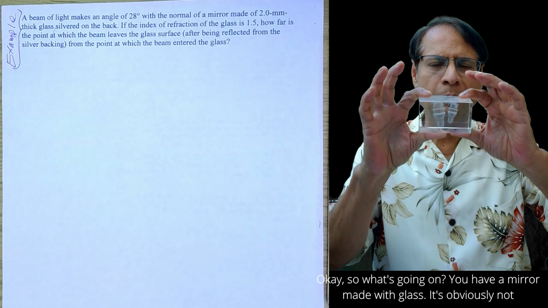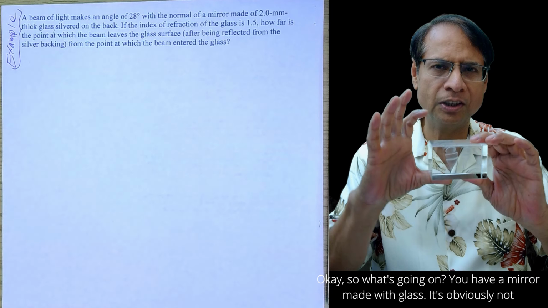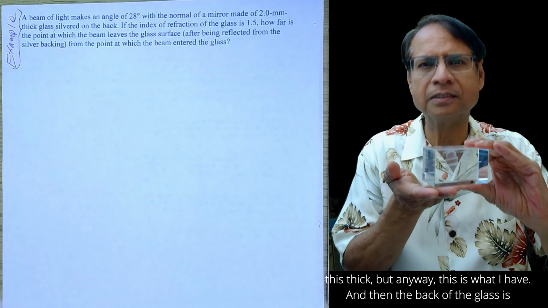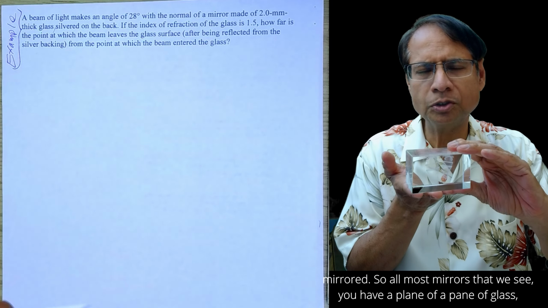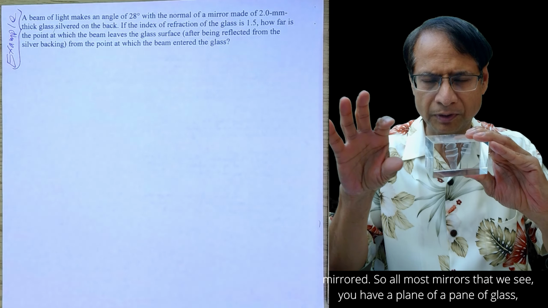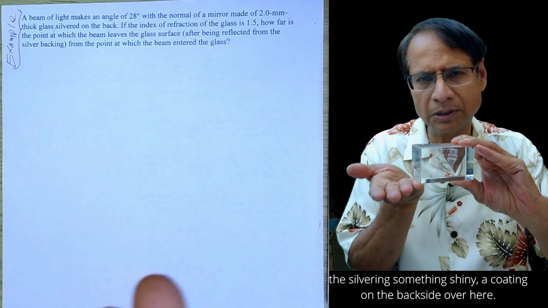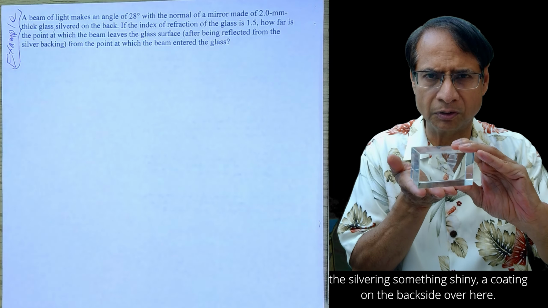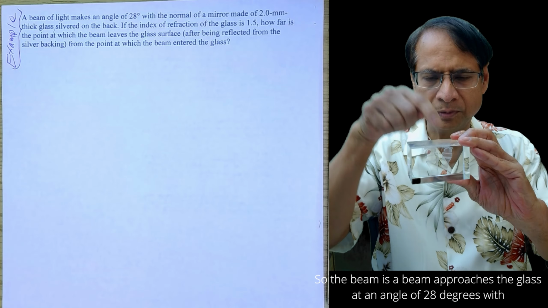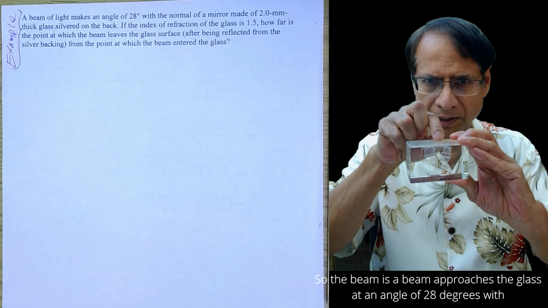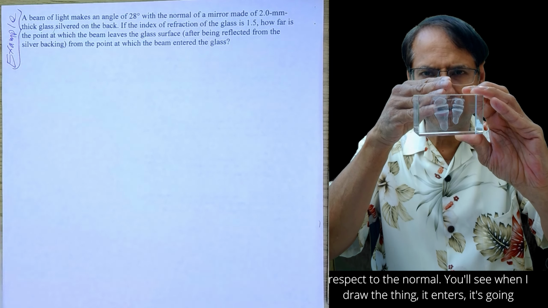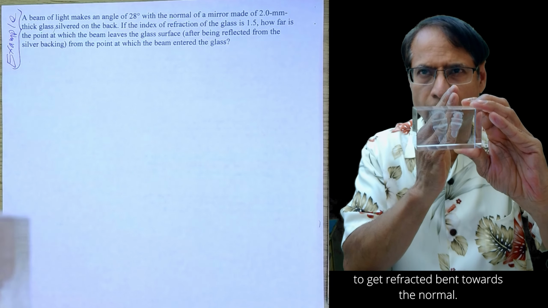You have a mirror made with glass. It's obviously not this thick, but anyway, this is what I have. And then the back of the glass is mirrored. So most mirrors that we see, you have a pane of glass with a silvering, something shiny, coating on the back side over here. So the beam approaches the glass at an angle of 28 degrees with respect to the normal. It enters, it's going to get refracted, bent towards the normal.